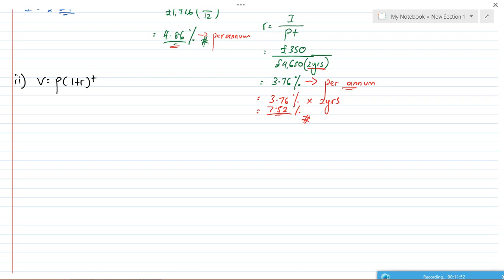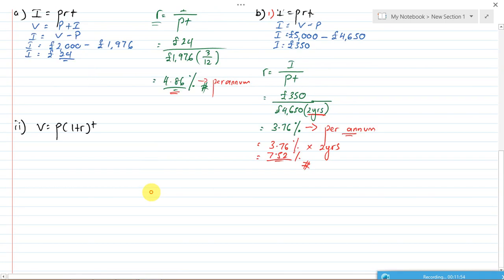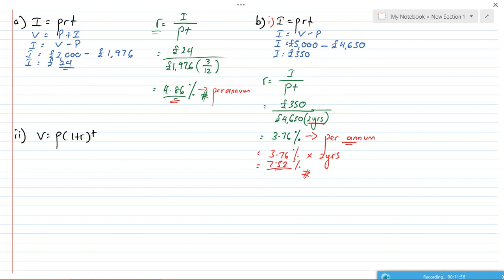Now, we are still in the same question, but they ask you to use the compound interest formula. And they ask you to find what?